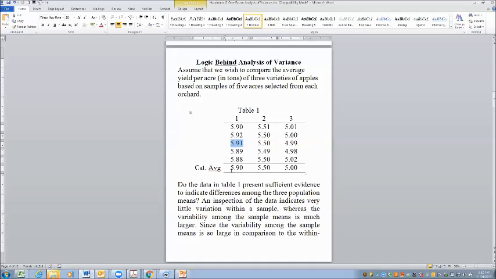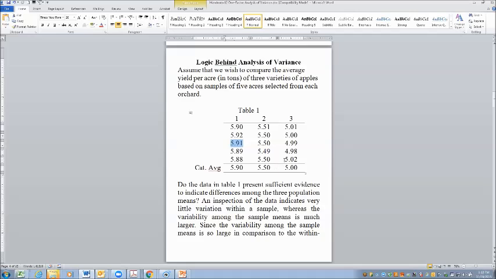Overall, here I had an average yield of about 5.9 tons for this first orchard or first variety. I have a 5.5 ton average for this second variety, and a 5 ton average for the third variety. Notice that within each one of these columns, the numbers are grouped very close together.